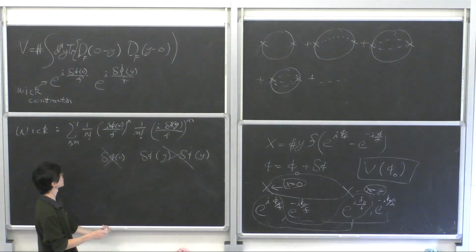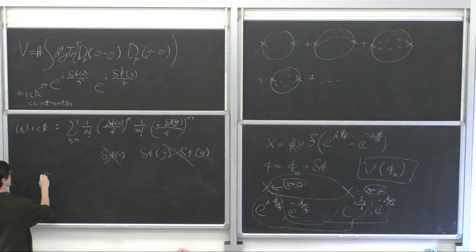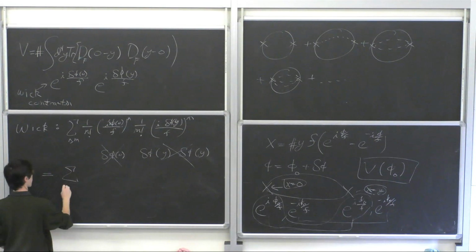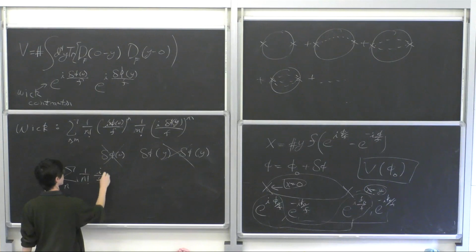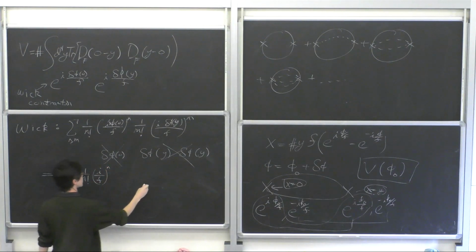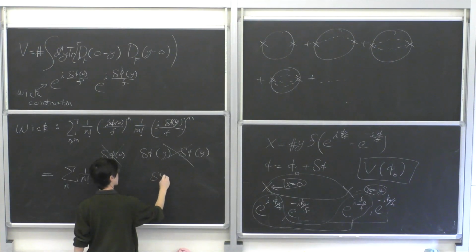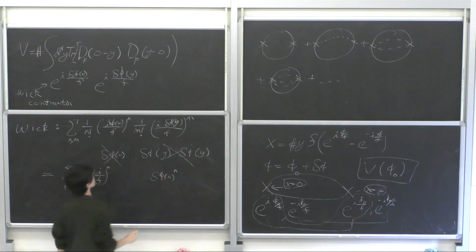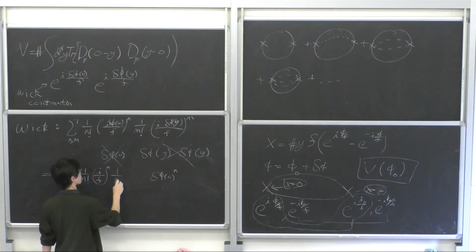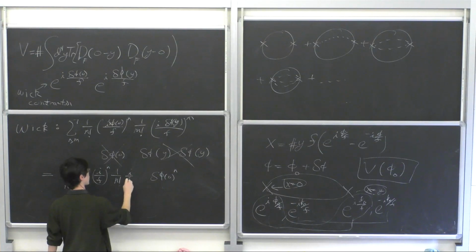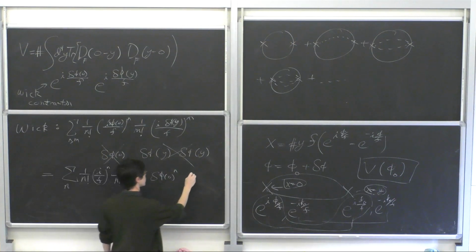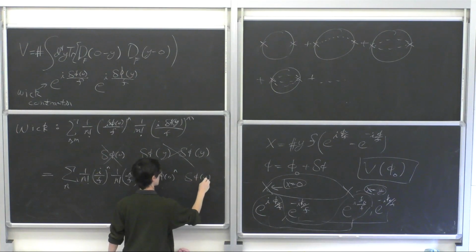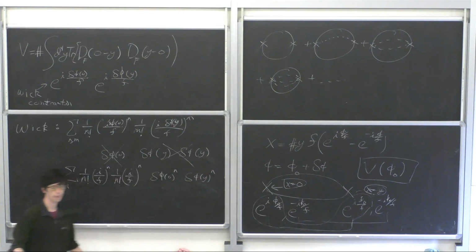So first thing, this is equal to 0 unless n equals m. 1 over n factorial, I over f to the n. We're going to have a delta phi of 0 to the nth power. This is also 1 over n factorial, I over f to the n. And delta phi of y to the nth power.